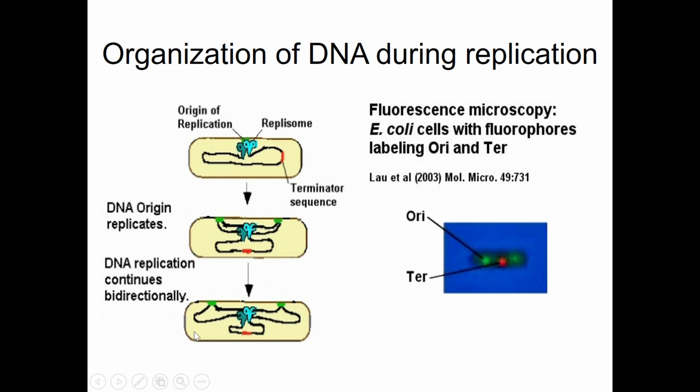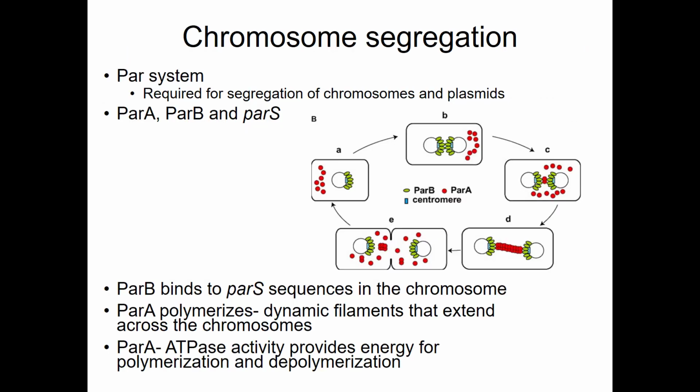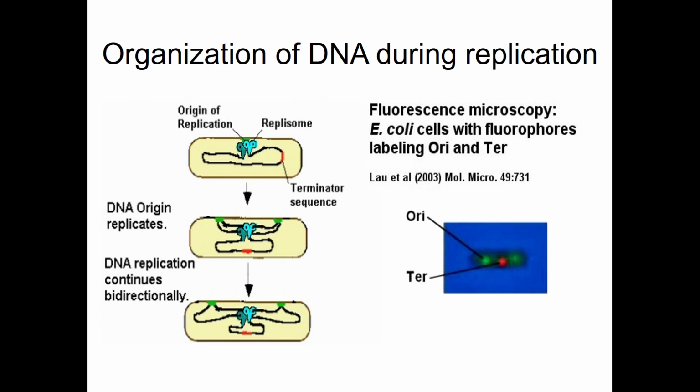So this cartoon image that I'm showing you is based on real data where the origin was labeled with a green fluorescent protein and the terminus was labeled with a red fluorescent protein. So you can see the cell outlined here in black, and the two origins are moving out towards the ends of the cell, and the terminus remains near the middle. So this means that once the cell is done replicating, they're already in a pretty good position for cell division.